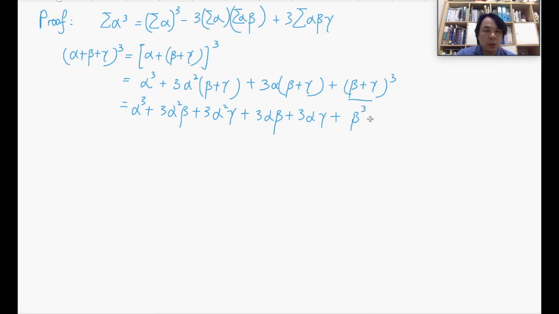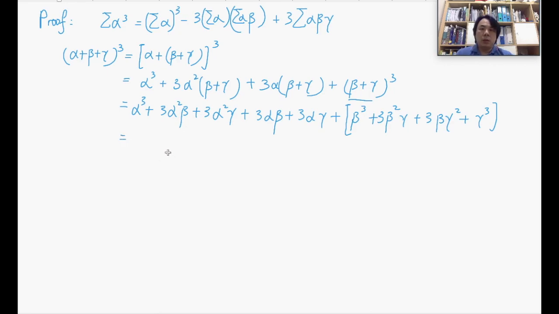This is just my way of doing the expansion. Right. So that will be a 3. Sorry, I forgot that. Then there's a 3 beta gamma square, and then finally we have that gamma cube.